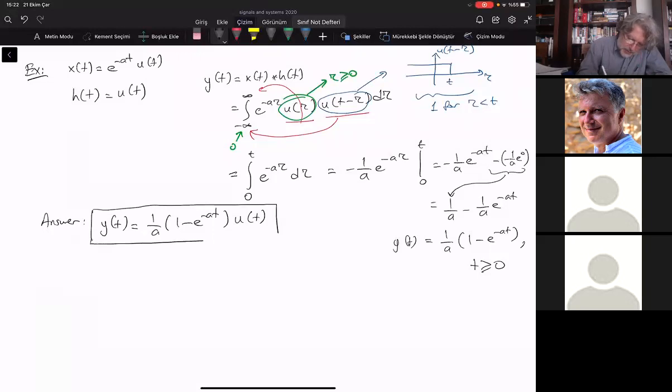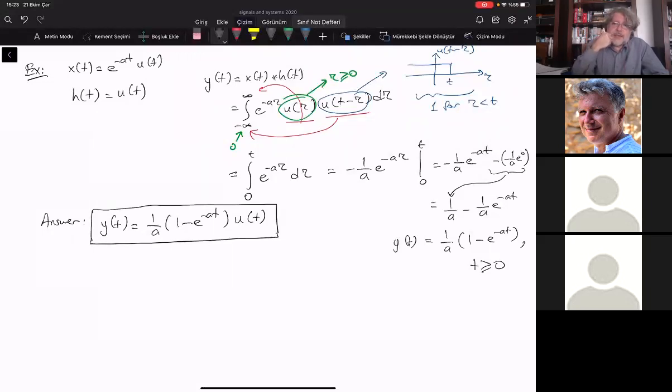Notice that I solved the question without any graphical interpretation or anything. I just put the formulas into the equation, and from that equation, I solved the equation. It's an integral equation. I solved the integral literally, and I obtained this answer. Is there any question up to this part? Because this is critical.